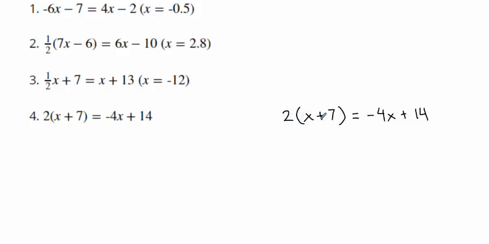So I'm going to use the distributive property to remove these parentheses. So really what this means is I have two groups of x plus 7. So I have two x's and 14. So 2x plus 14 is equal to negative 4x plus 14.